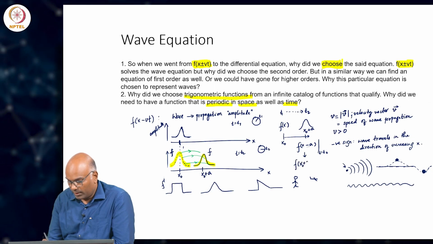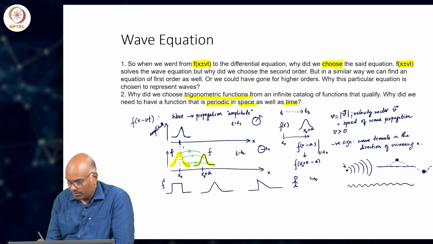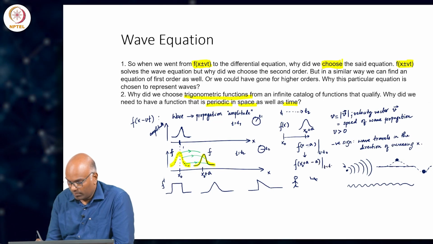X is x naught plus a, and the minus a comes forward at t is equal to t2.